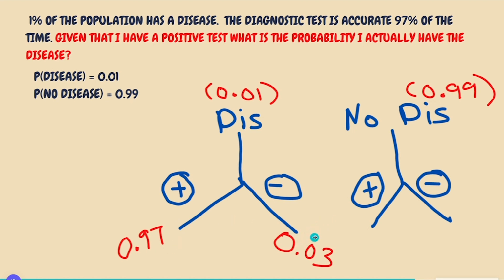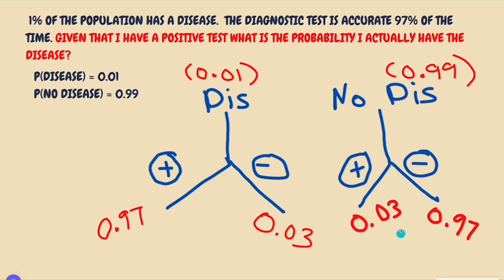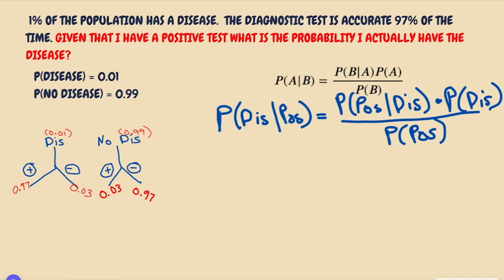So this is going to be very similar for if I don't have the disease, but now I see that my numbers have flipped. Because if I don't have the disease, an accurate test would be a negative test, and that would happen 97% of the time. But an inaccurate test would happen 3% of the time. So this is how I can actually visually see what's going on.